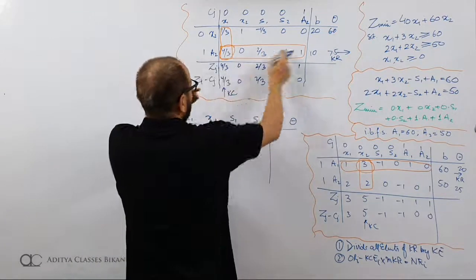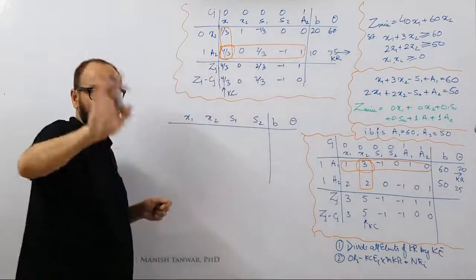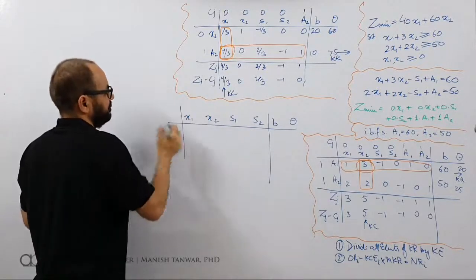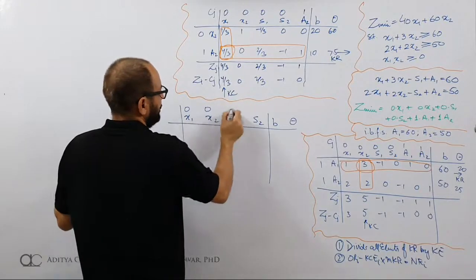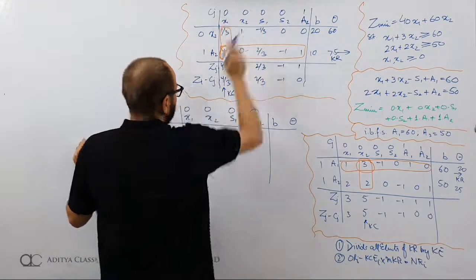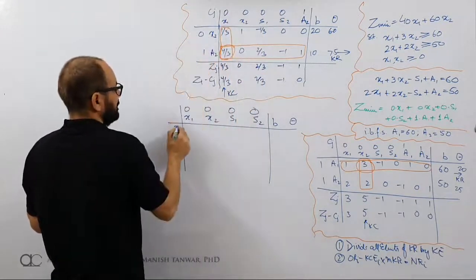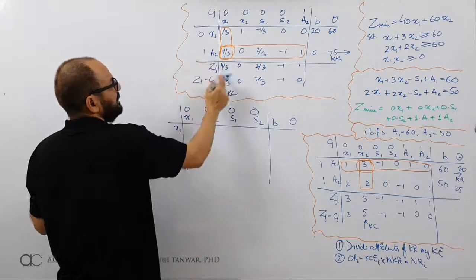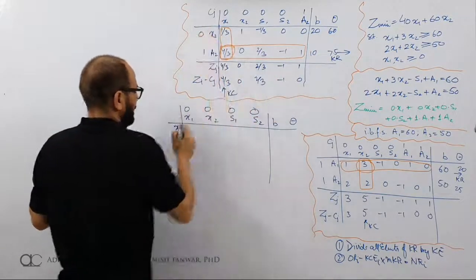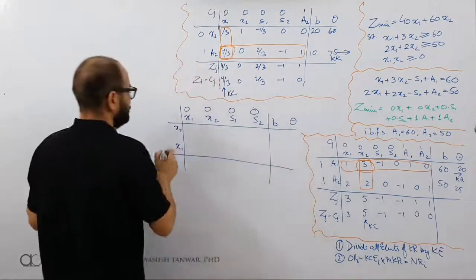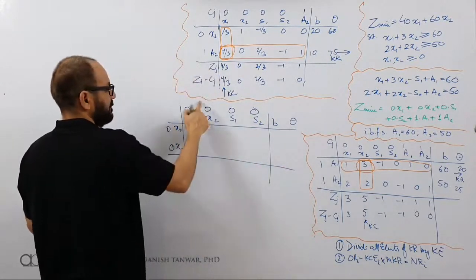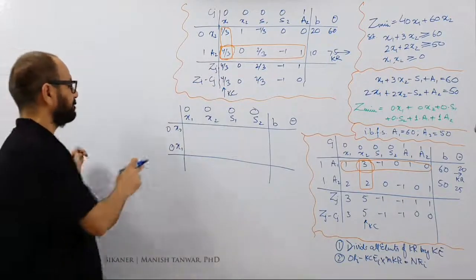Now A2 is outgoing variable, so A2 will also be ignored from here on. Contributions for each of these are 0. X2 is intact. A2 is being replaced by X1 with respective contributions of 0 each.